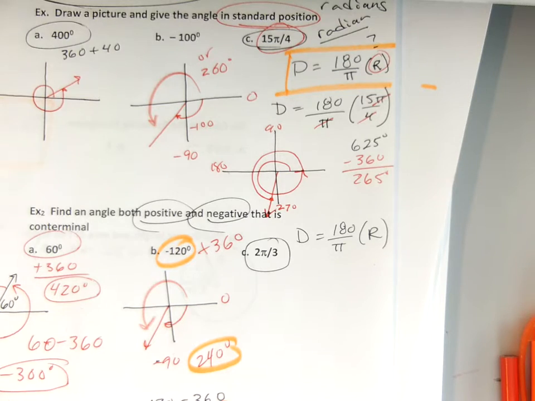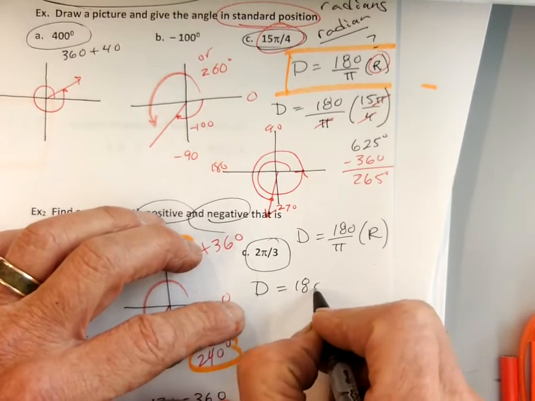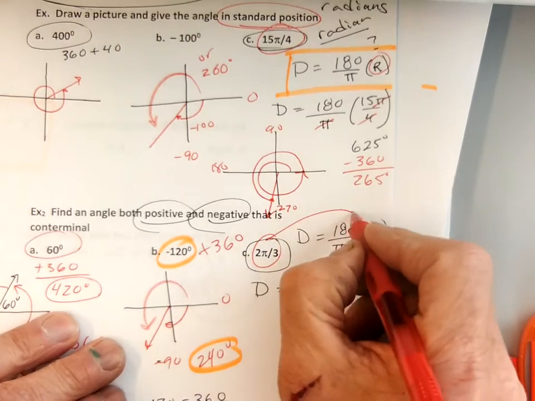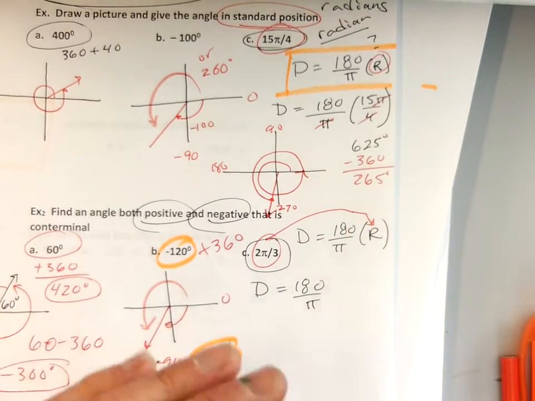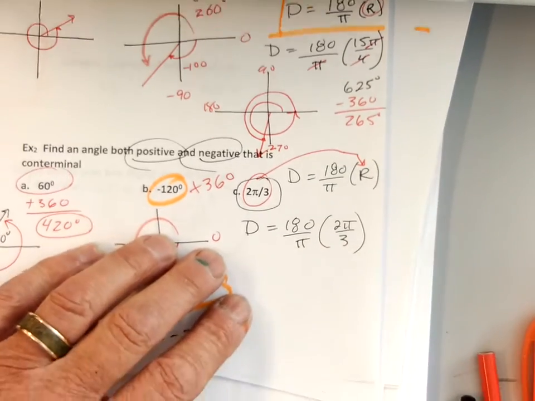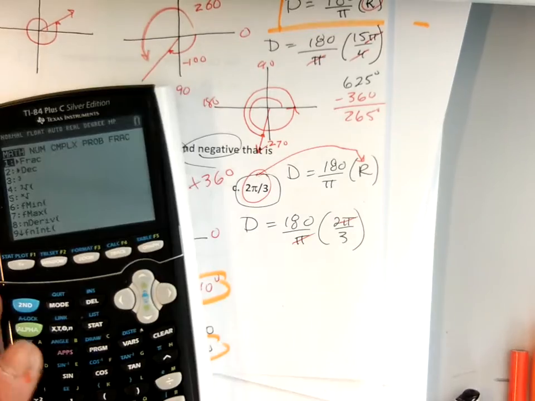A degree is equal to 180 over pi, and I'm going to put this right there. Okay, what am I going to do? Cancel the pi's, and then? Yep, exactly.